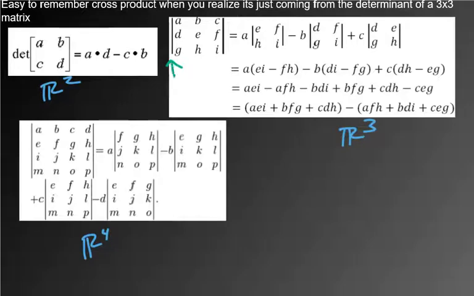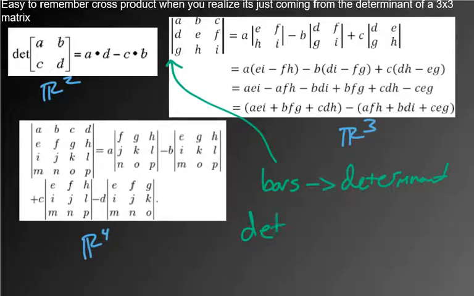When I do those bars like that, that is the same as saying a determinant. If I want to say the determinant of matrix A, it's the same as writing matrix A and putting bars. Those are equal.